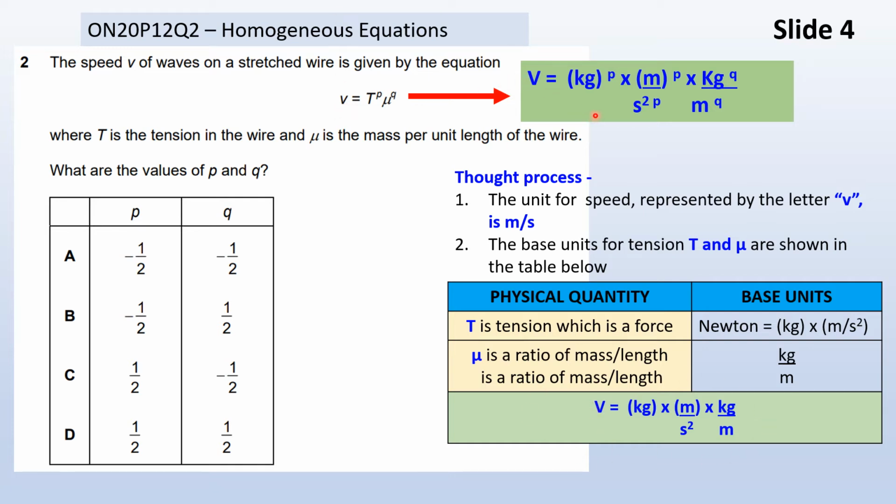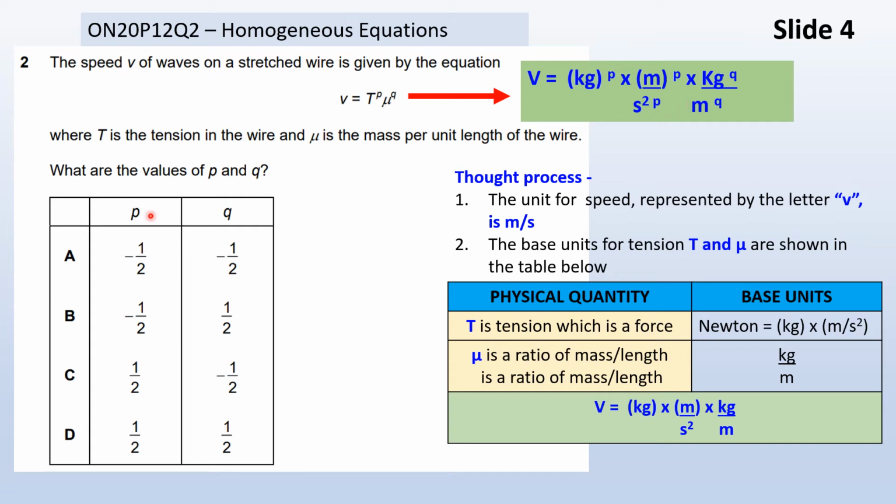Now we are going to add the exponents P and Q on every single base unit: kilograms to the P, then meters per second squared to the P, and mu is kilograms over meter in base units, so exponent Q on each.